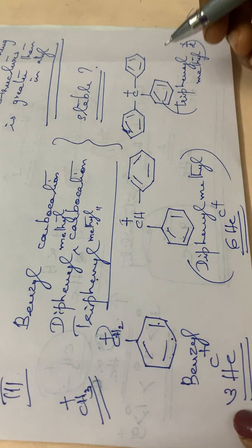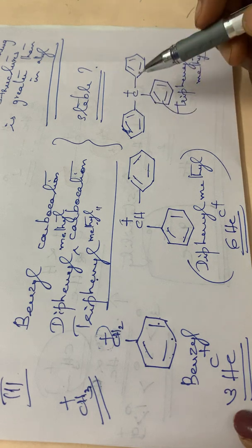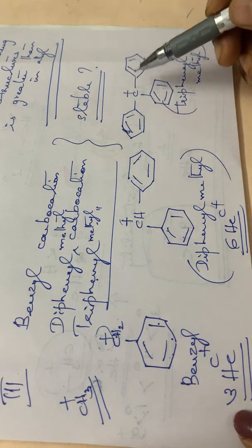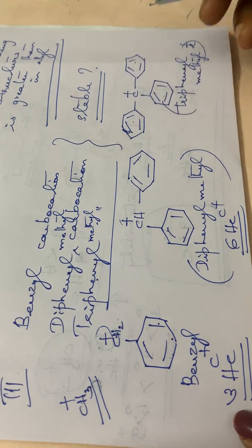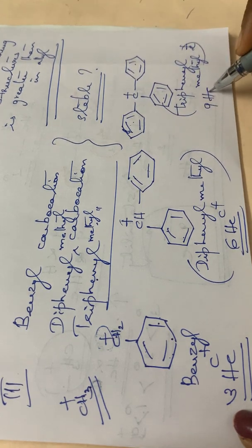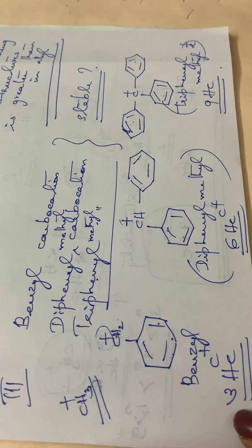Again, in the case of triphenyl methyl carbocation, how many double bonds are there? 3 plus 3, 6 plus 3, 9. So 9 hyperconjugative structures are possible. As the number of hyperconjugative structures increases, the stability increases.